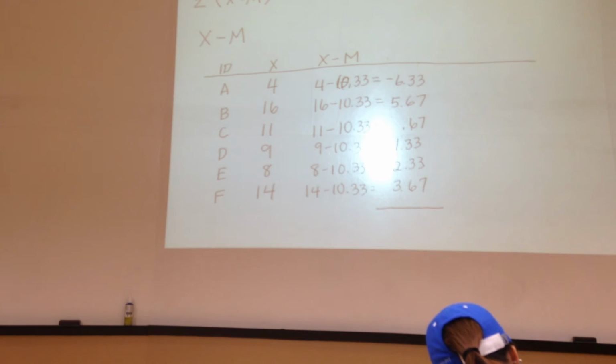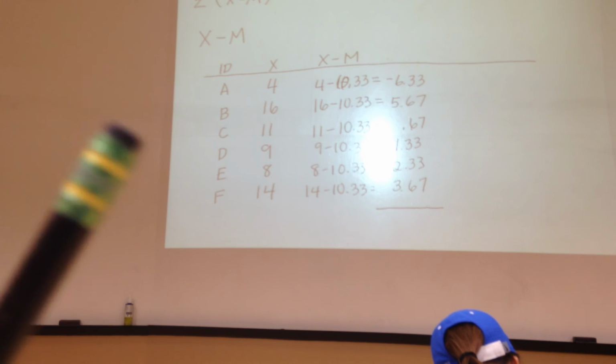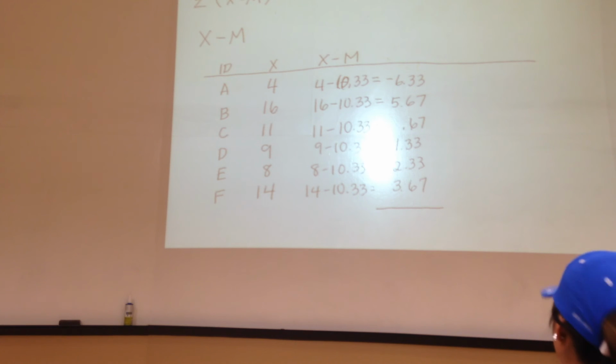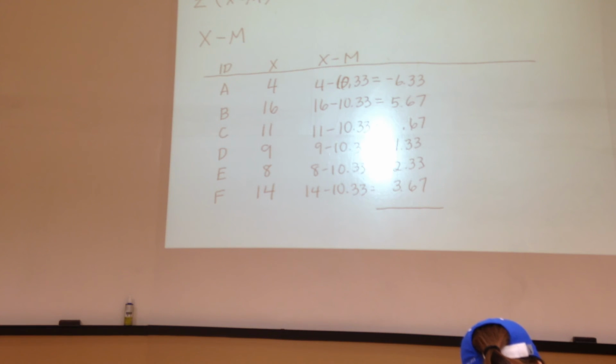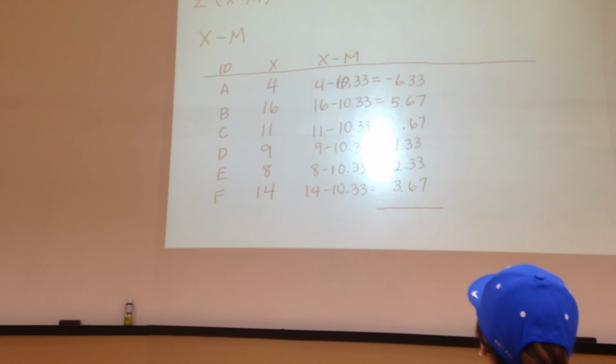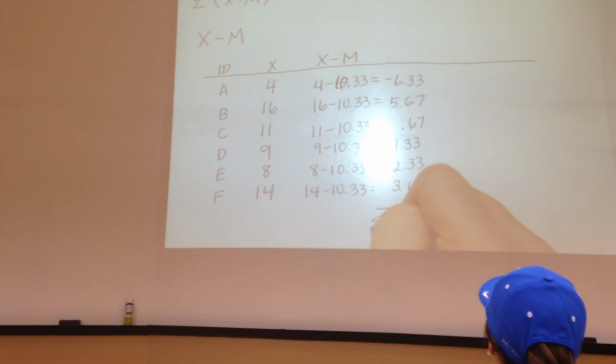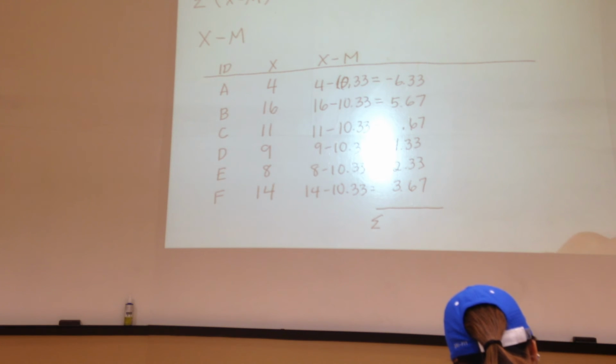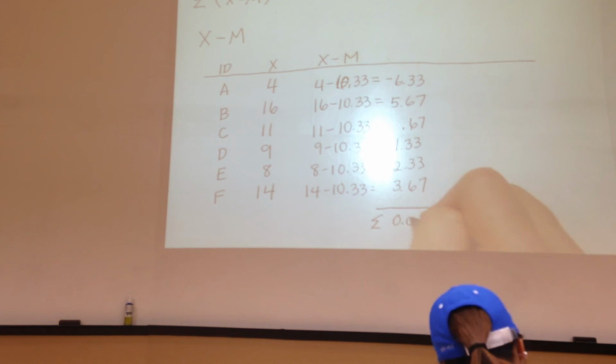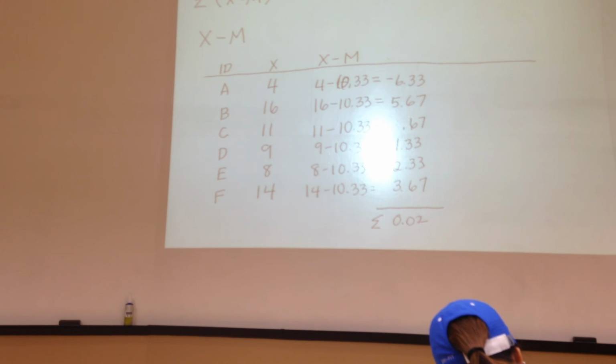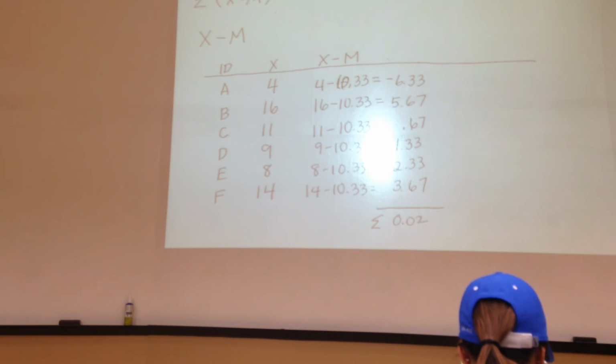But if you add up these scores, negative 6.33 plus 5.67 plus 6.7 minus 1.33 minus 2.33 plus 3.67, what do you get? 0.02. I have a vote for 0.02. Yep. So that's pretty close to 0. We've got a little bit of rounding error in there. I can live with it.